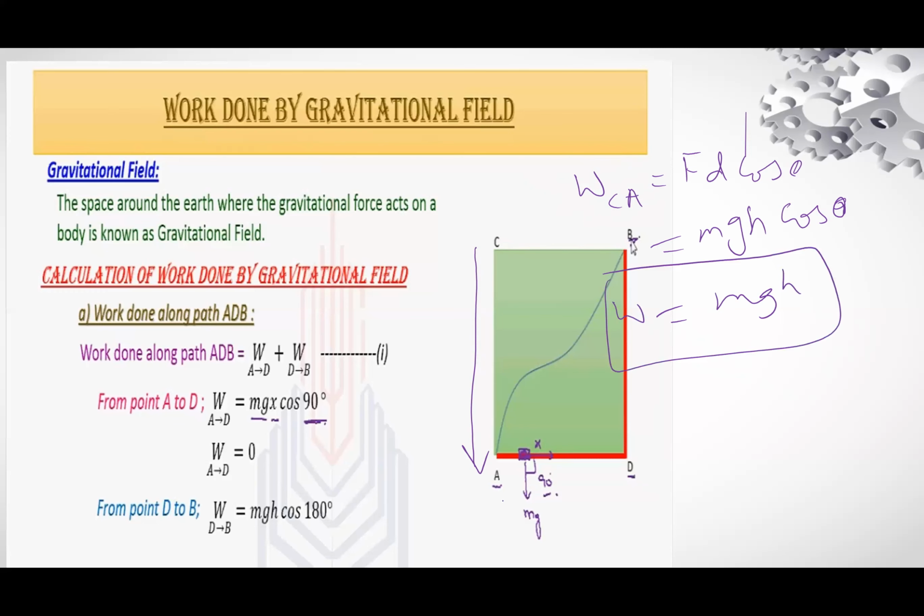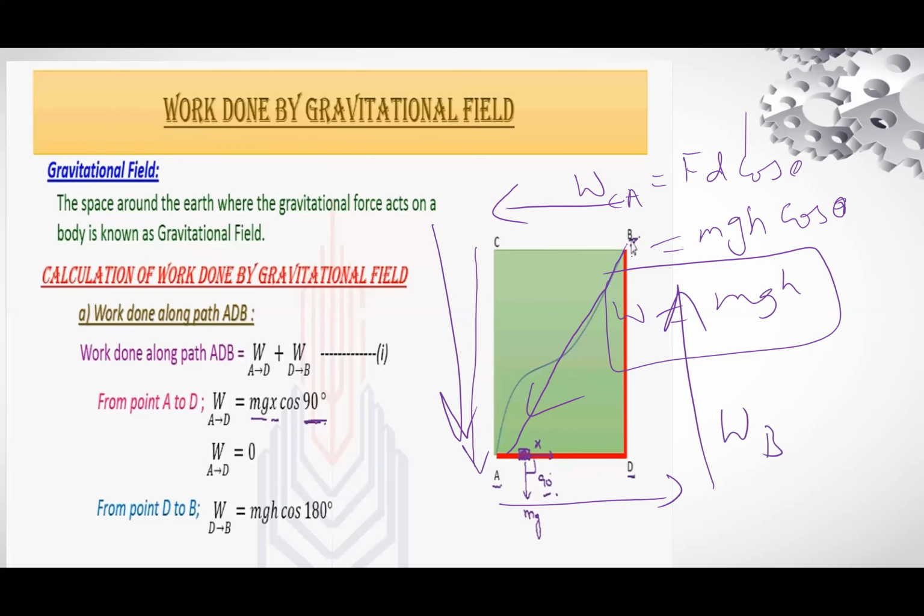The work done during this journey is mgh. And if the body comes straight in this direction, the same amount of work will be done. Work done from B to C through this path will also be equal to mgh.